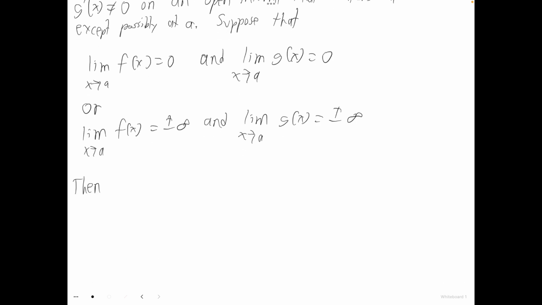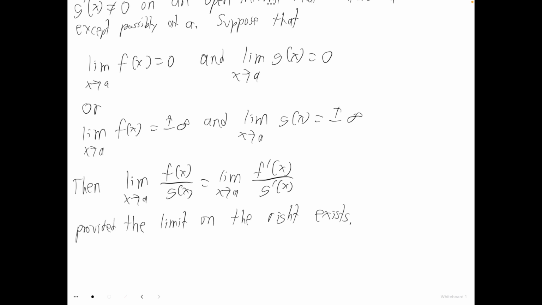Then the limit as x approaches a of f of x divided by g of x equals the limit as x approaches a of f prime of x divided by g prime of x, provided the limit on the right exists.